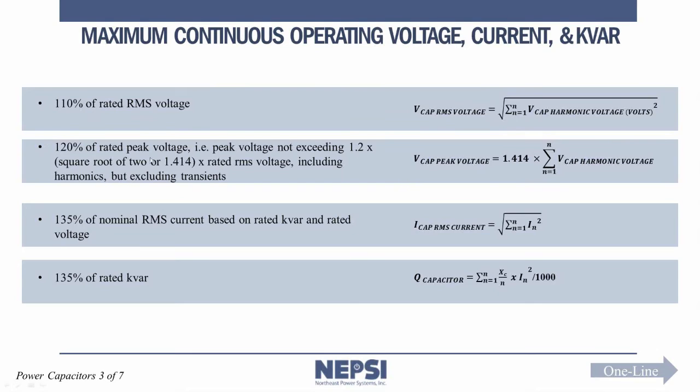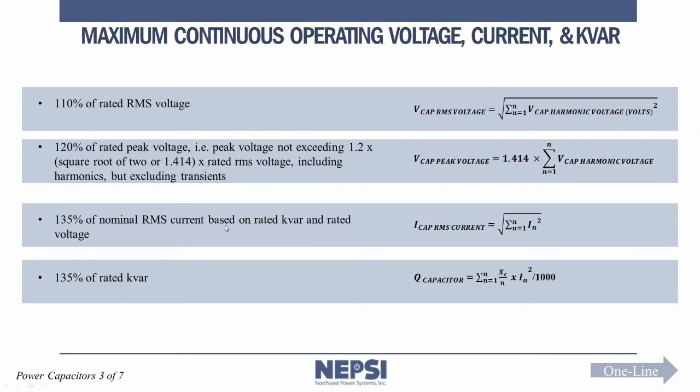It also has a standard of 120% of its peak rating. Here, we're calculating the voltage rise for each harmonic that flows into that filter bank across the capacitive reactance of the capacitor, summing up those voltage peaks, and comparing it to 120% of the nameplate rating.